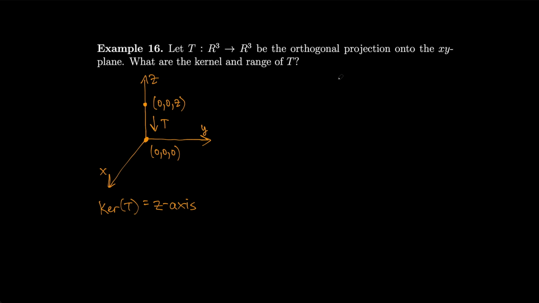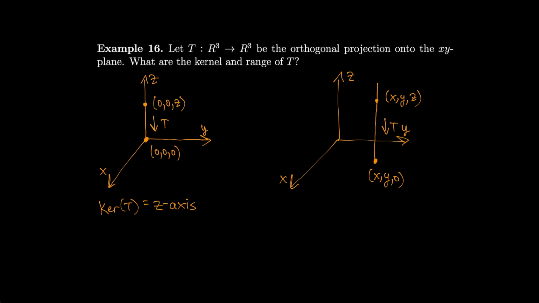All right, how about the range? Well, the range maybe is even more obvious. If I draw x, y, and z, then let's say I have some arbitrary point floating with coordinates x, y, z. It gets projected downward to a point in the xy plane via T. That point will just be x, y, 0.